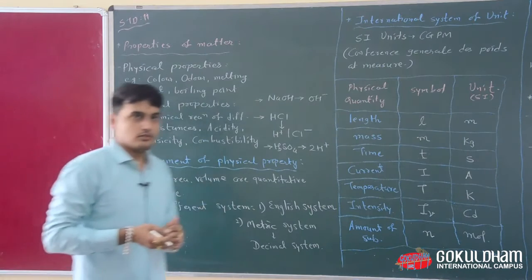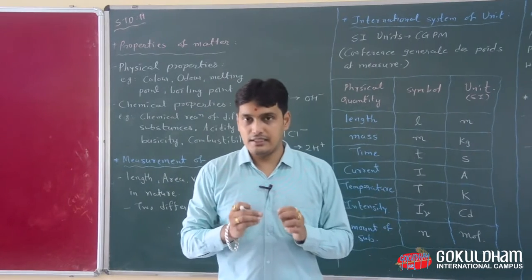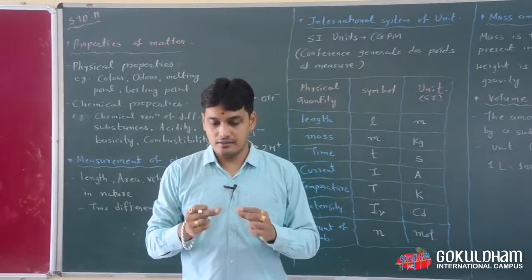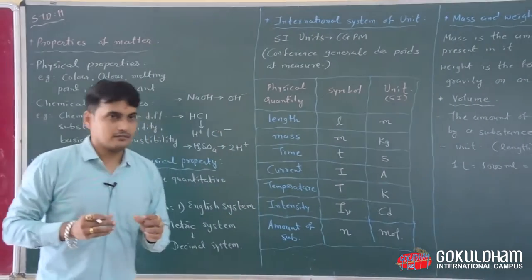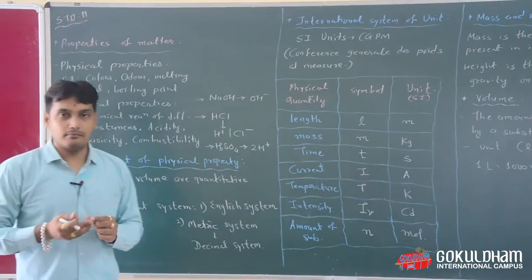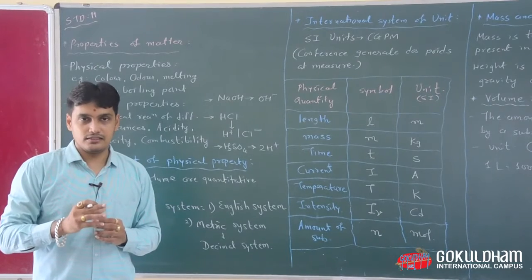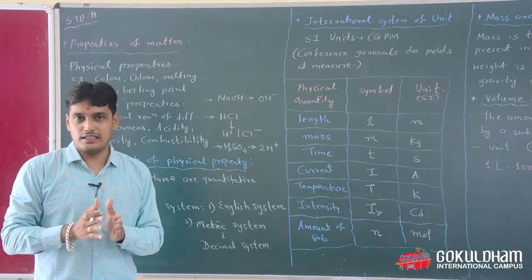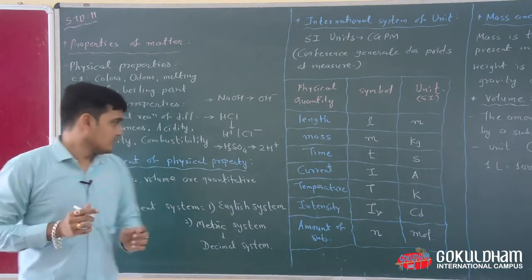Suppose I tell you 6 meter, after meter you will realize that meter is the unit for length. In the same way, suppose I tell you the temperature is 35 degrees Celsius. Degree Celsius shows the temperature unit.